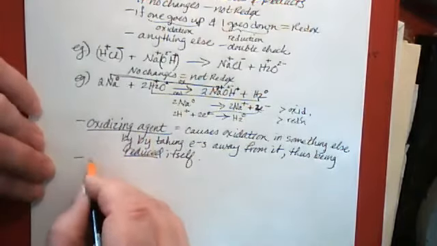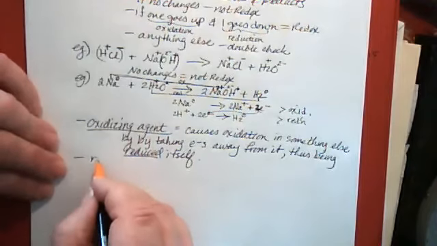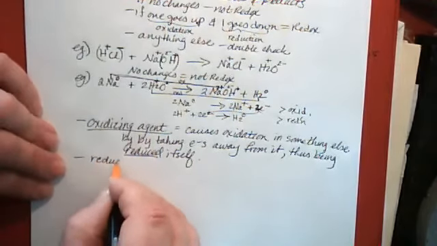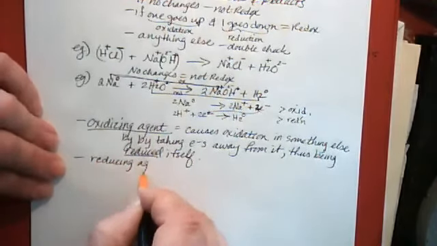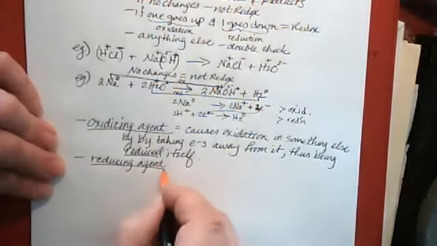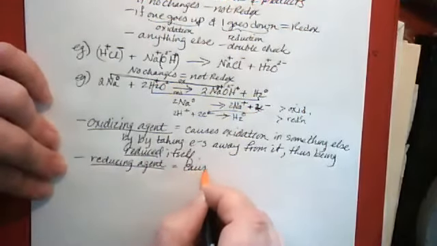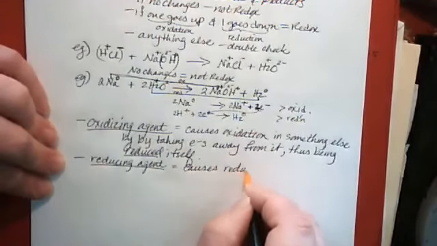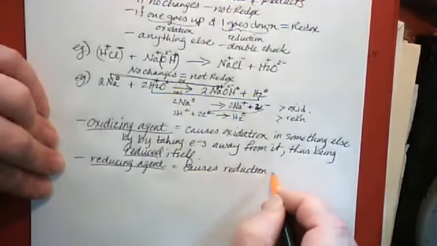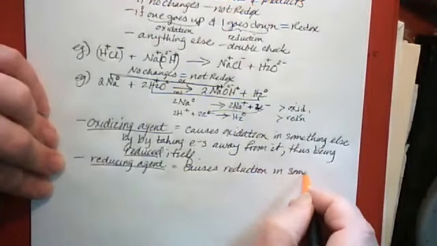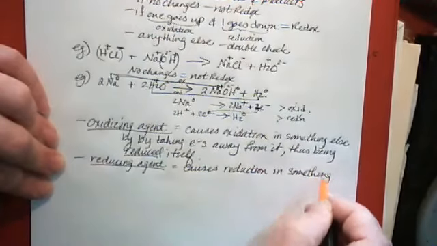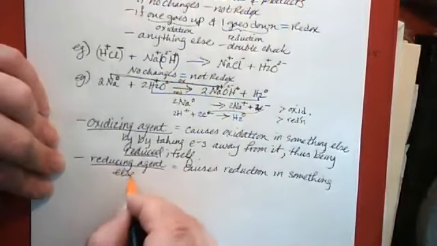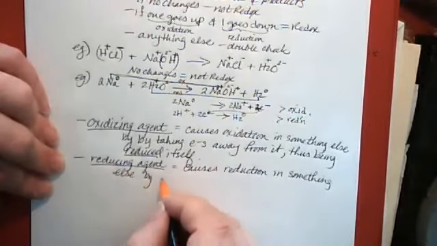And the reducing agent is the stuff that's oxidized. The reducing agent causes reduction in something else by donating electrons to it.